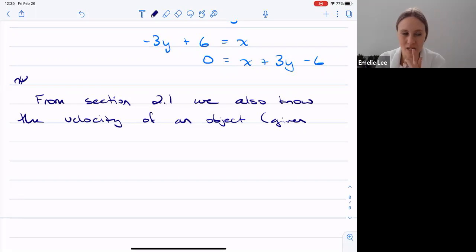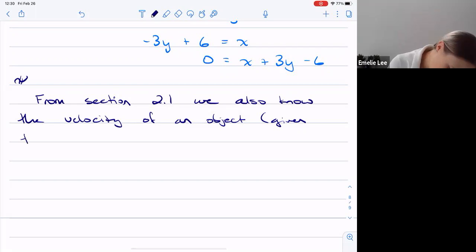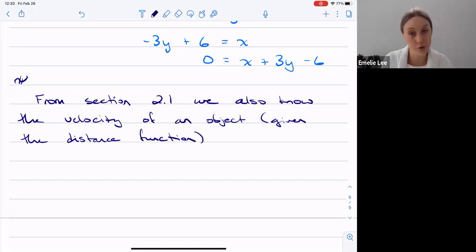But I'll say distance. Given the distance function, it usually has something to do with gravity, right? Throw a ball up and it goes up and then it goes down. So if we know how it behaves in the distance function, we can use that to find the velocity of the object at some time.